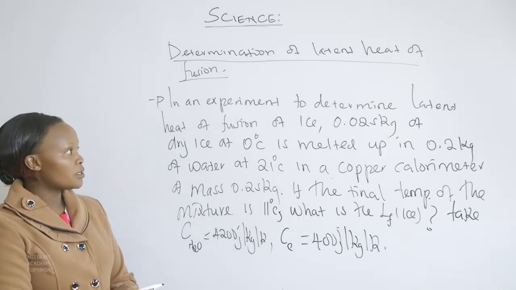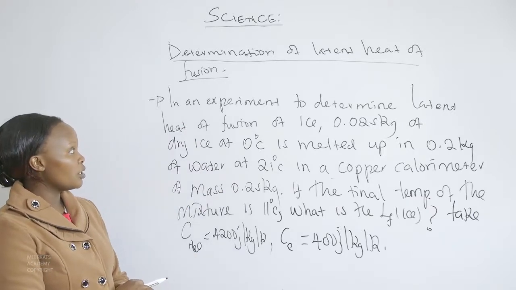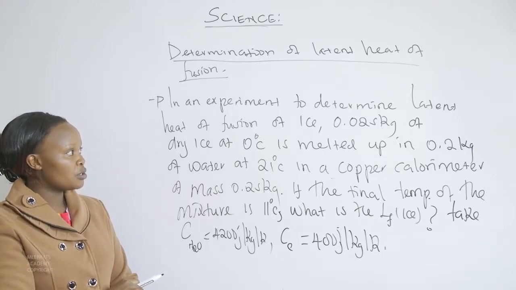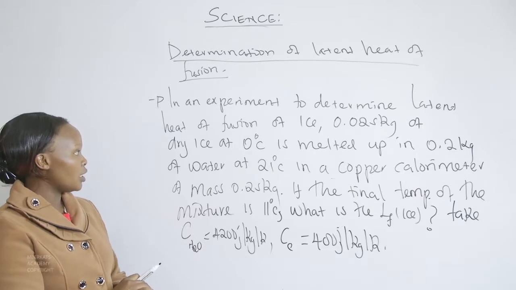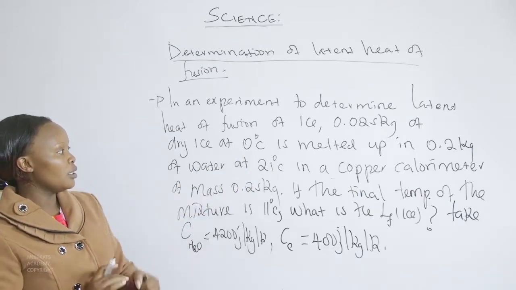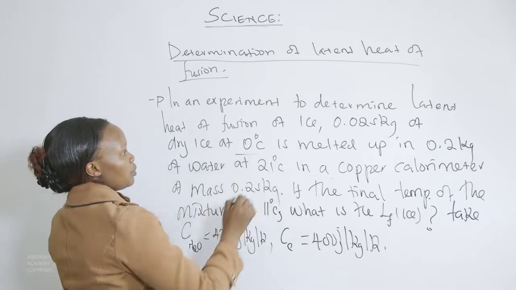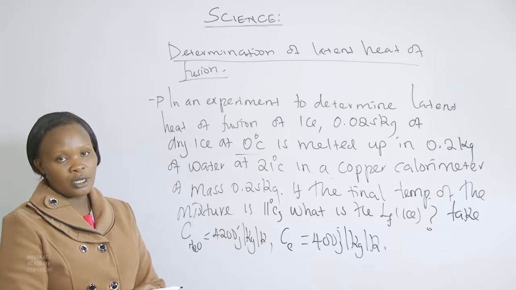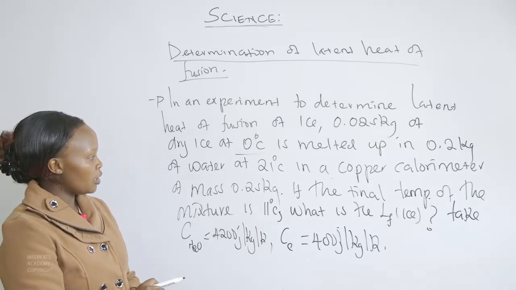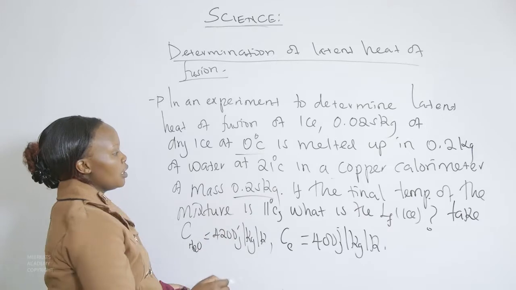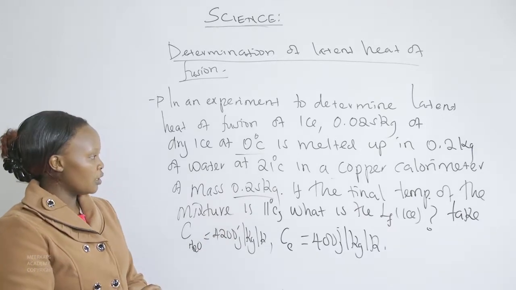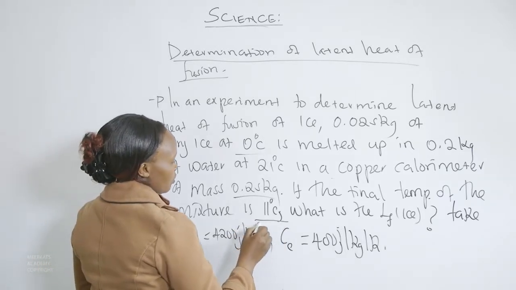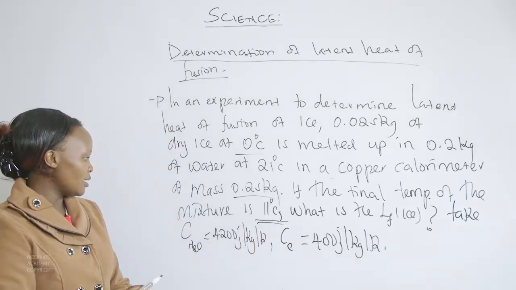Now the question reads: in an experiment to determine latent heat of fusion of ice, 0.025 kilograms of dry ice at 0 degrees centigrade is melted in 0.2 kg of water at 21 degrees centigrade in a copper calorimeter whose mass is given as 0.25 kilograms, and the mixture falls to a temperature of around 11 degrees centigrade.